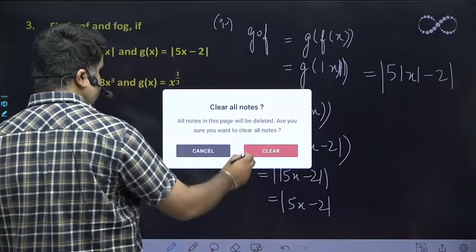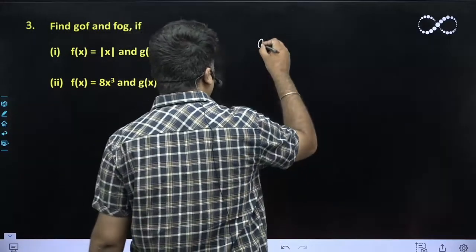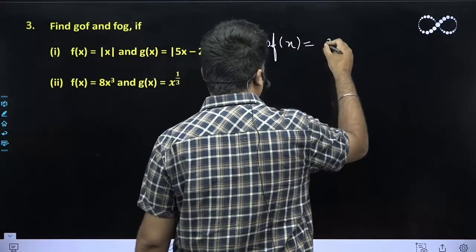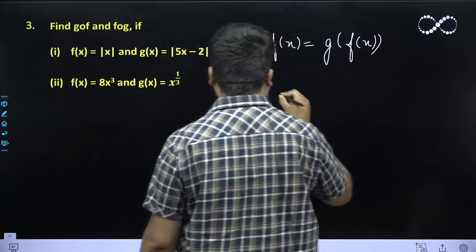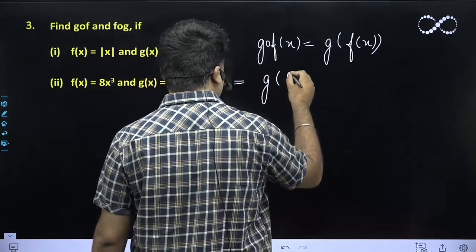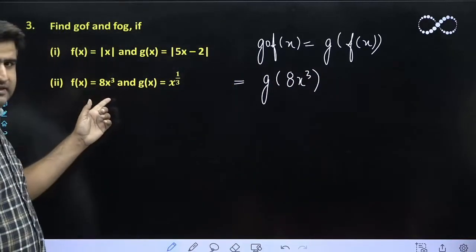So moving on to the next part, we have to find GOF in this case. G of F of X. This is equal to G of F of X. This is G of 8x cube. That is the value of fx, right?